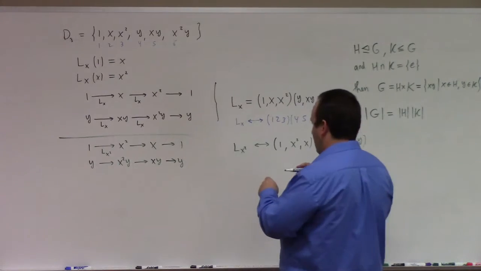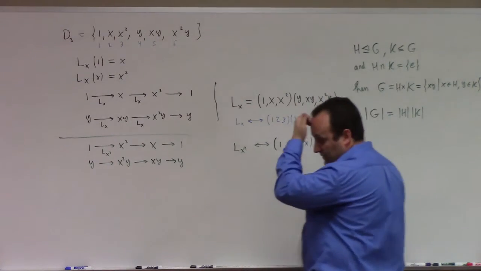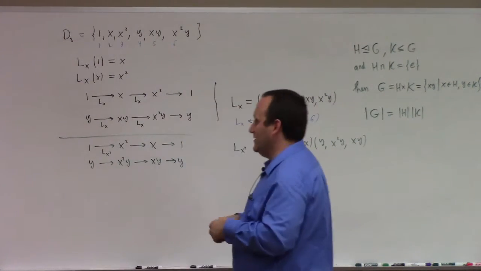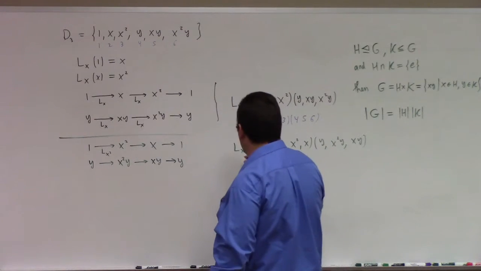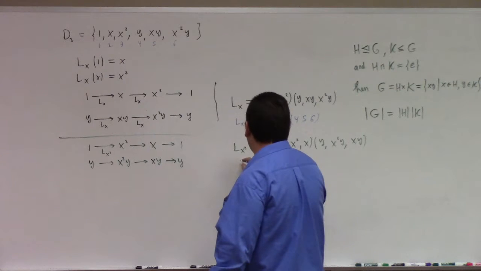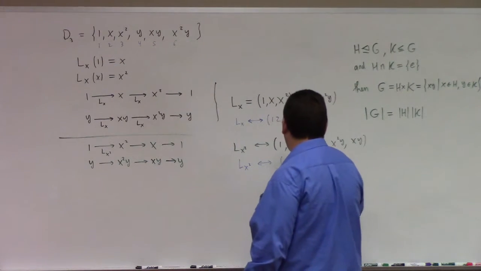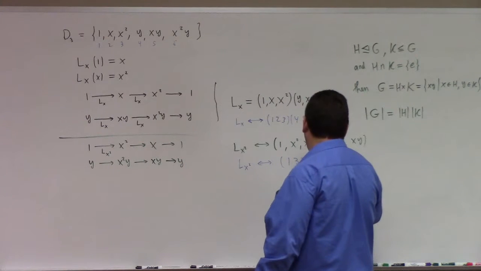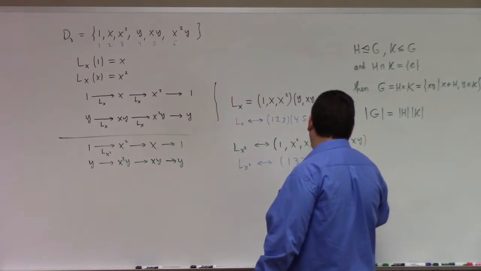Or if instead we're looking for specifically the subgroup of S6 which is isomorphic to D3, then this one we would use 132, and 465.